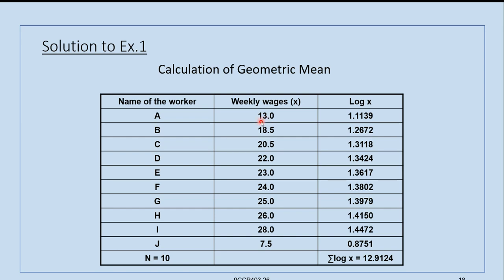The number of digits is 2 here. That is 1.1139. We have to see 13 in the 0 column. 13 in the 0 column, 1139. For 18.5, we have to take only the first two numbers.